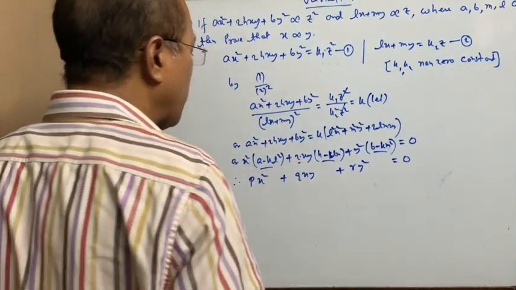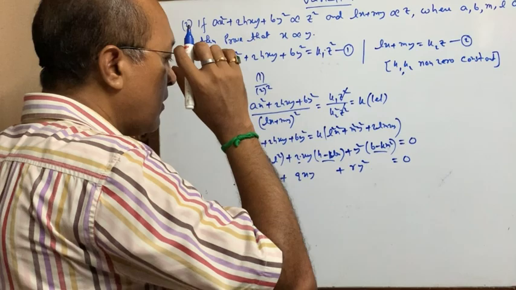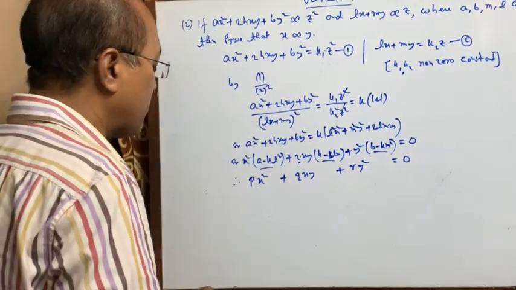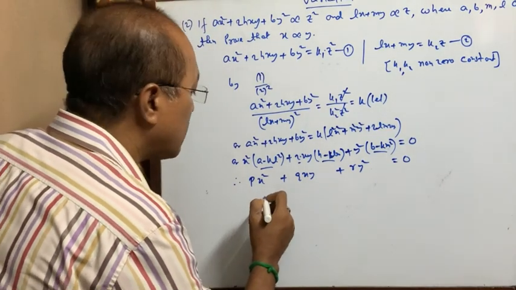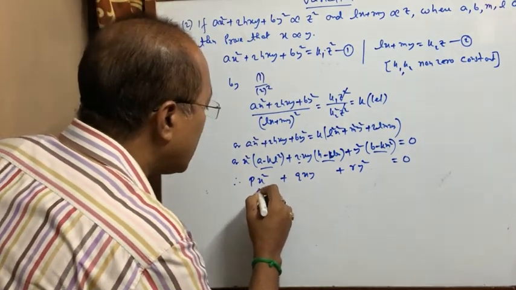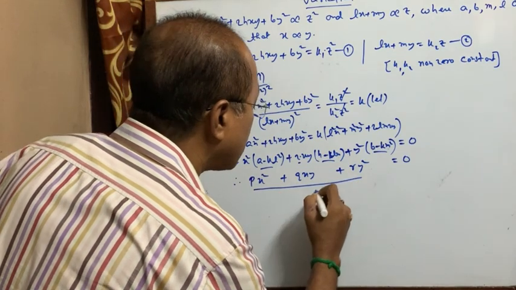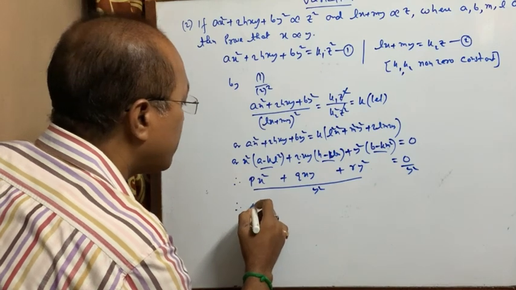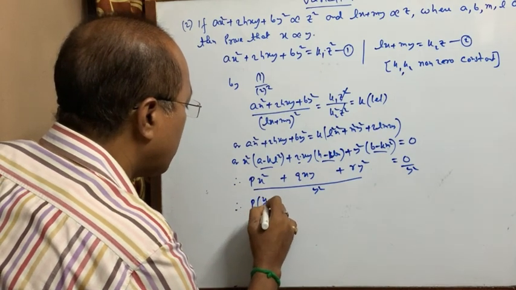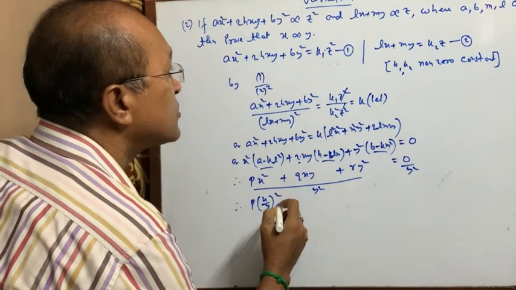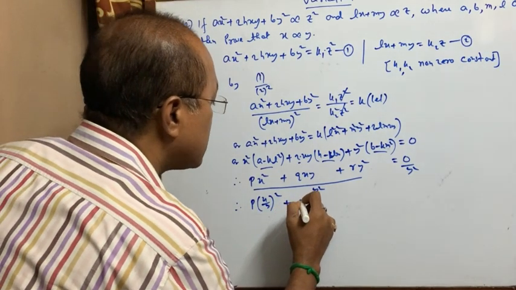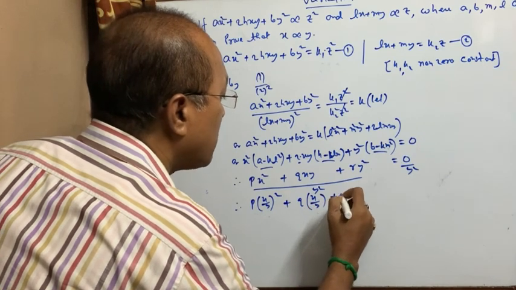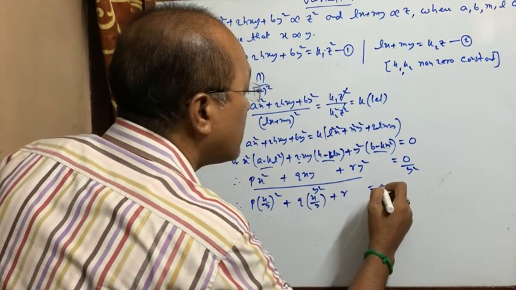Now dividing both by y square, what we are getting? If we divide the entire term by y square, we can get p (x by y) whole square plus q x by y plus r, that is equal to 0.